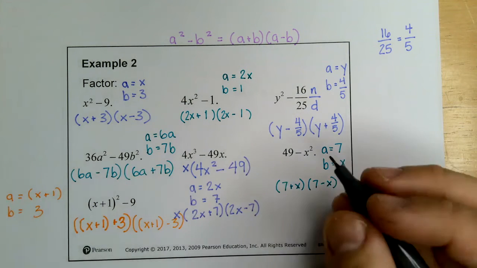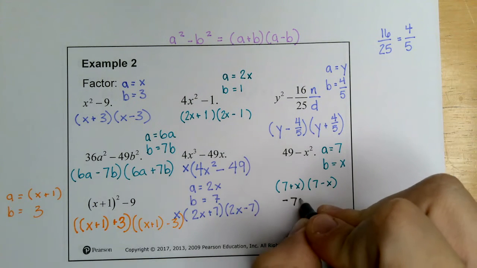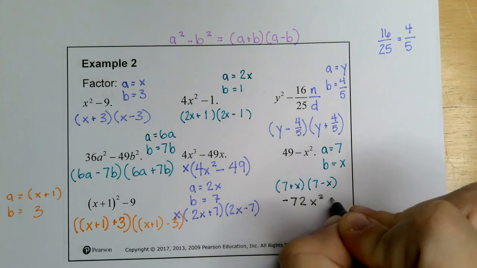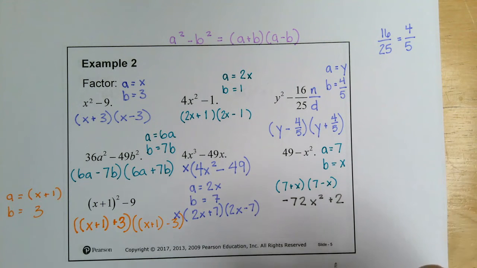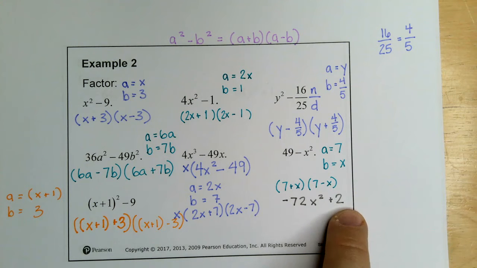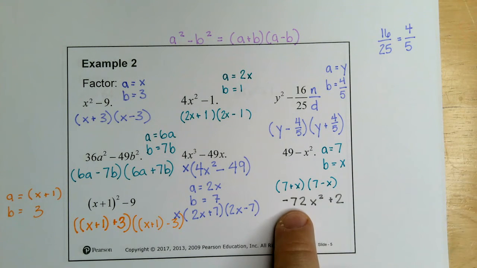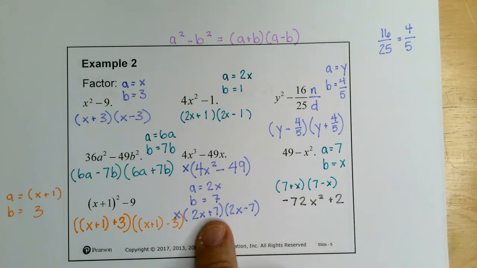I'll give you one more example. Negative 72 x squared plus 2. This doesn't even have a minus between them. 2 isn't a perfect square, and 72 isn't a perfect square, right? What am I doing? Is there any greatest common factor that I can factor out of this?